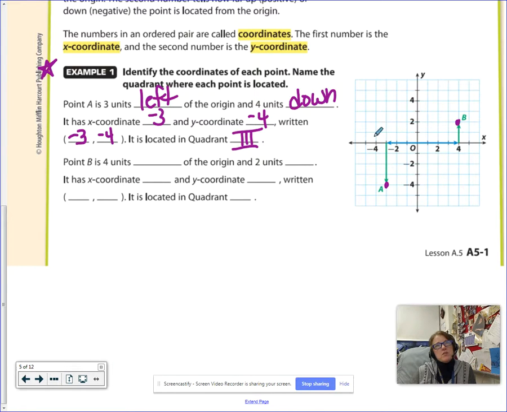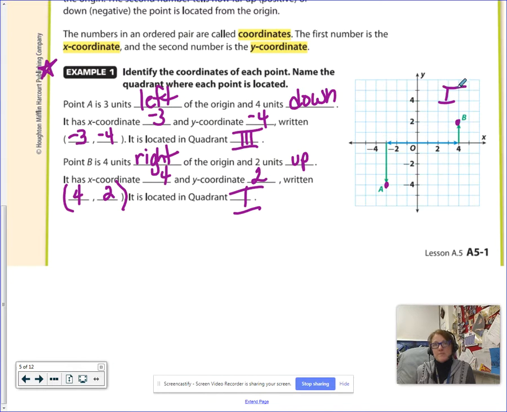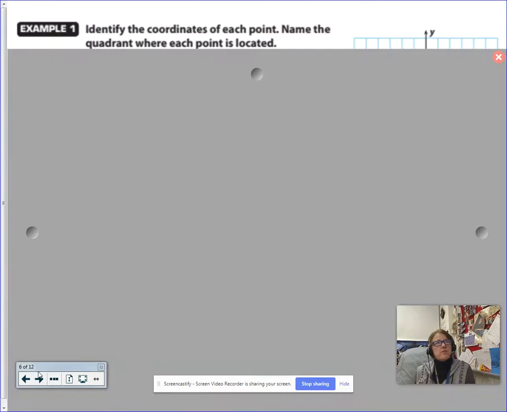B happens to be 4 units to the right of the origin, 2 units up or above the origin. The x coordinate in this case is 4. The y coordinate is 2, so we would write that as (4, 2). And that is in quadrant number 1. All right, turn the page.